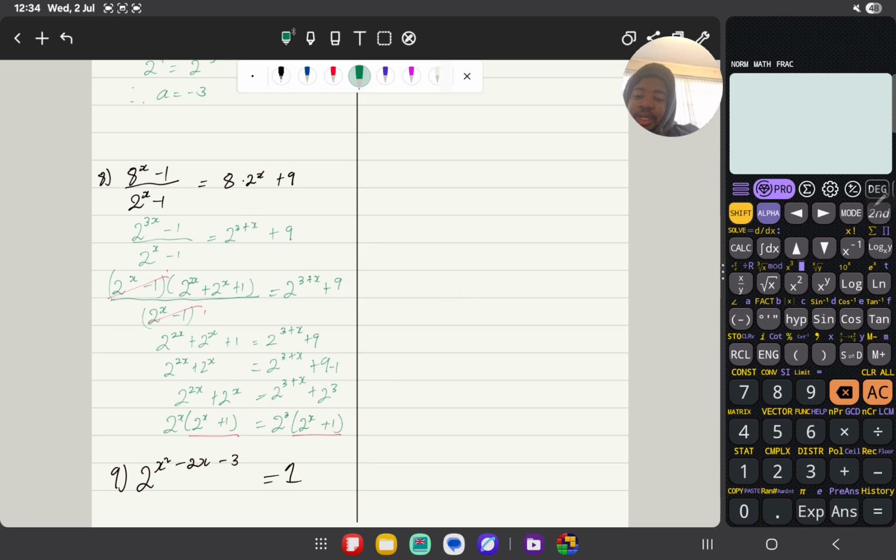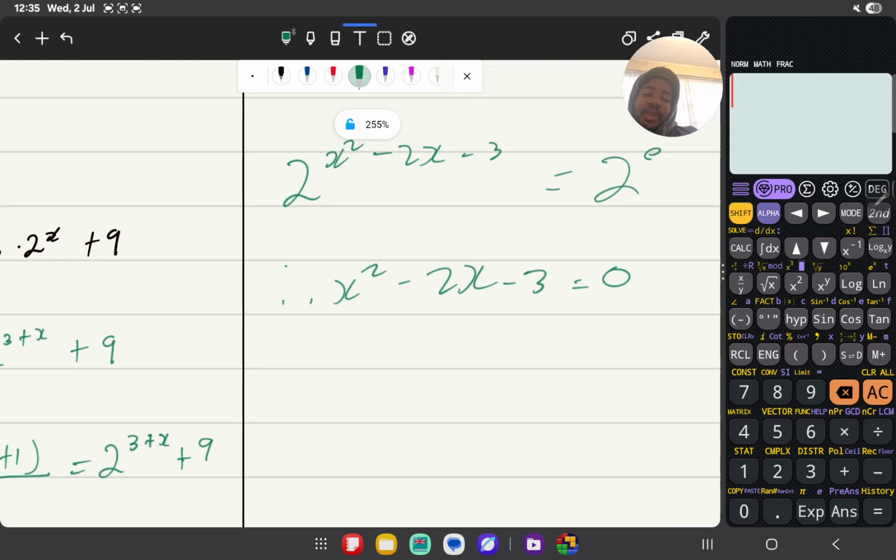So let me solve number 9. I'll solve it right here. Number 9 is a bit interesting, because here you have 2 to the power of x squared minus 2x minus 3 equals 2 to the power of 0. Therefore x squared minus 2x minus 3 equals 0.